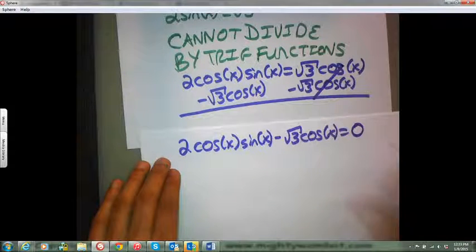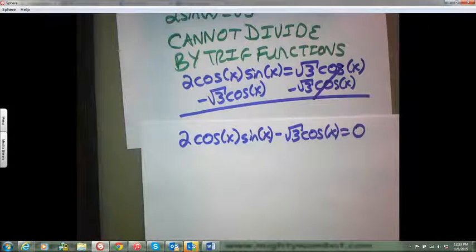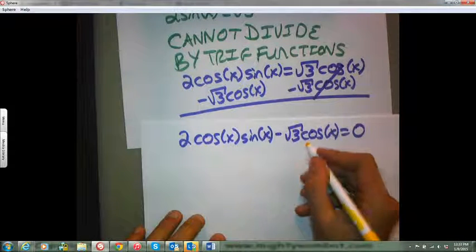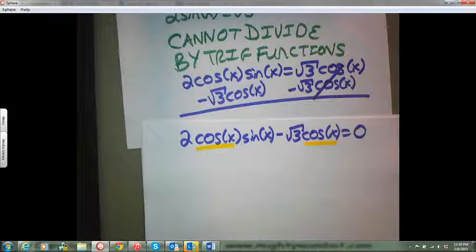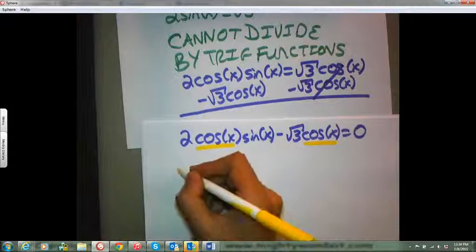And now I notice it's just pure algebra. I see cosine in both terms, so I'm going to factor out the cosine. Factoring out is essentially the opposite of distributive property. Distributive is you take a number outside and multiply it by both. Here you take a number inside and basically divide it out.